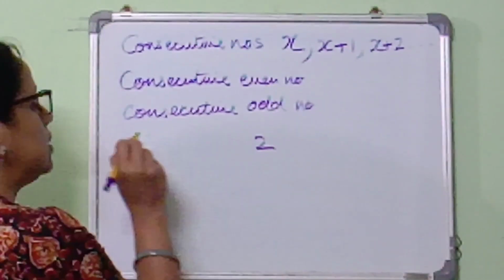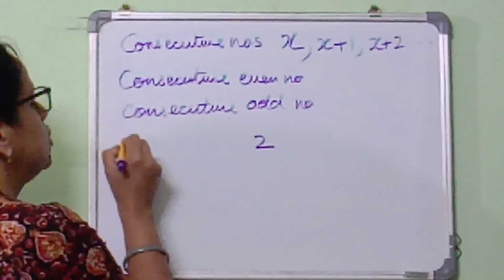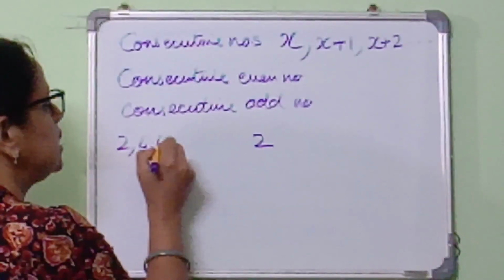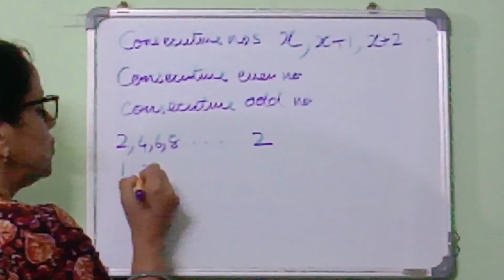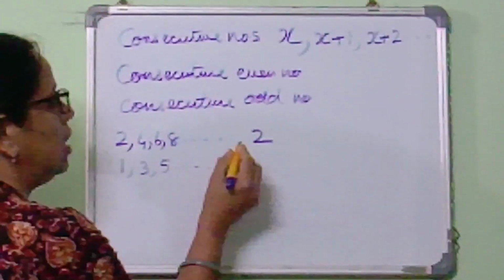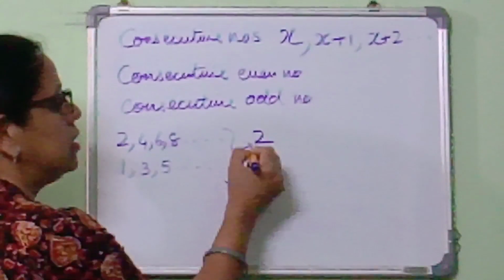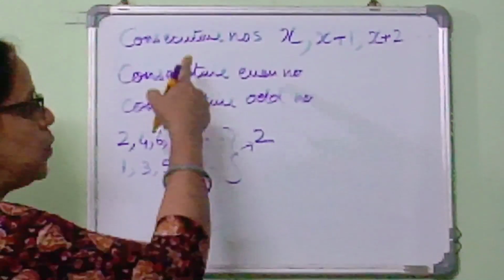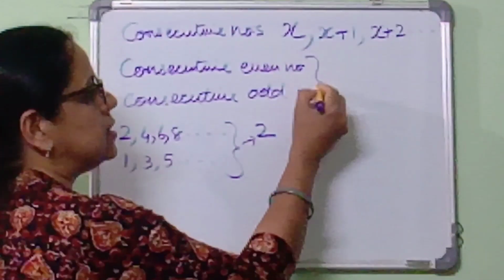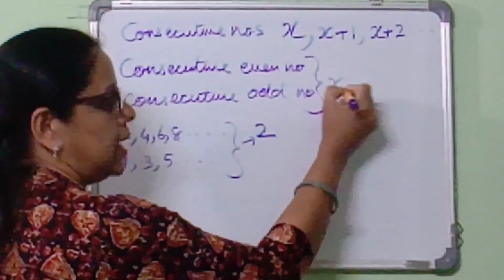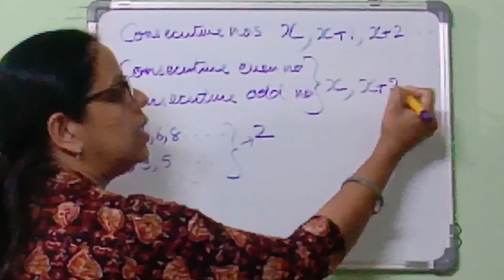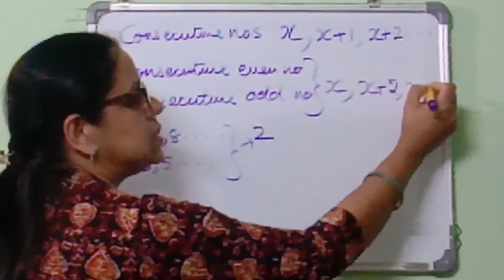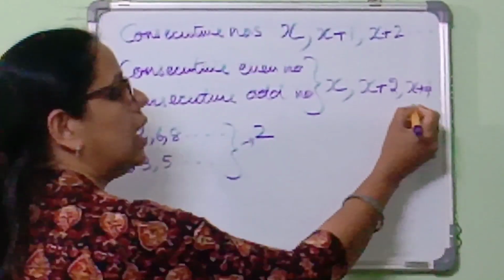Even numbers are 2, 4, 6, 8, etc. Odd numbers are 1, 3, 5, etc. They both differ by 2. So in both cases, we can consider the first number as x and the next number as x plus 2 and the third number as x plus 4 and so on.